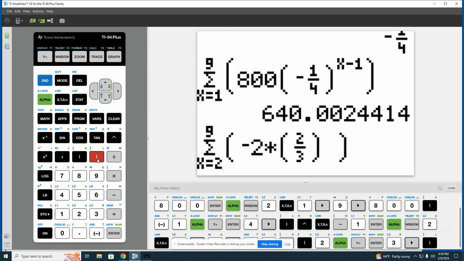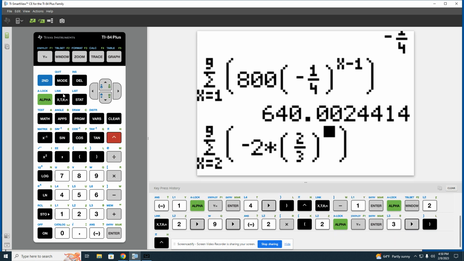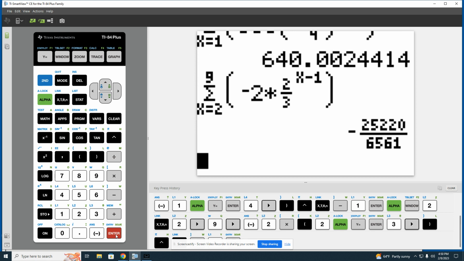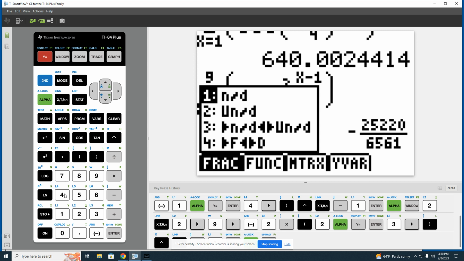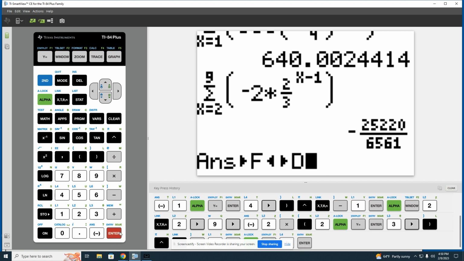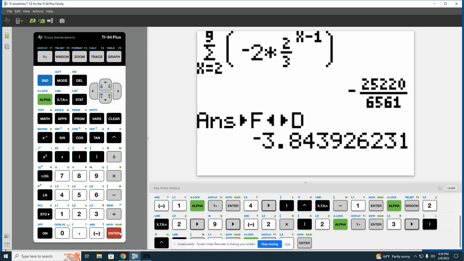You're going to close that parenthesis. Don't go outside once again. And you're going to raise that to the x minus 1 power. So you get a weird answer. So I would have taken negative 25220 over 6561, or I would also be okay if you went alpha y equals number 4 and changed it to a decimal and put negative 3.84.